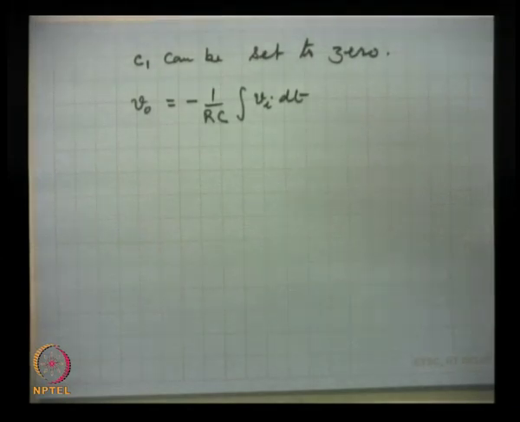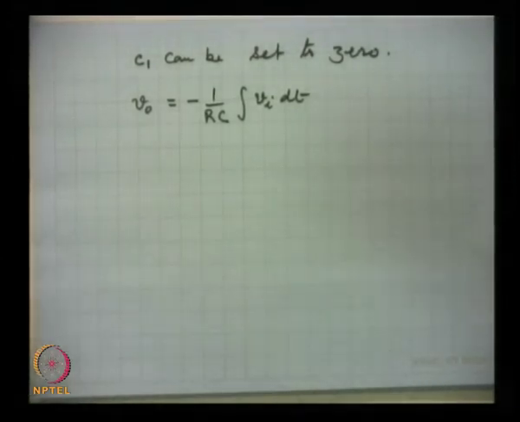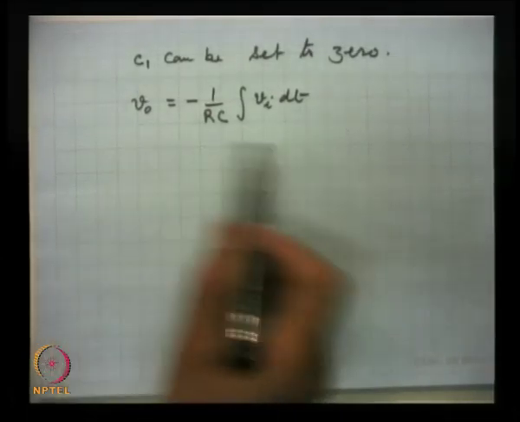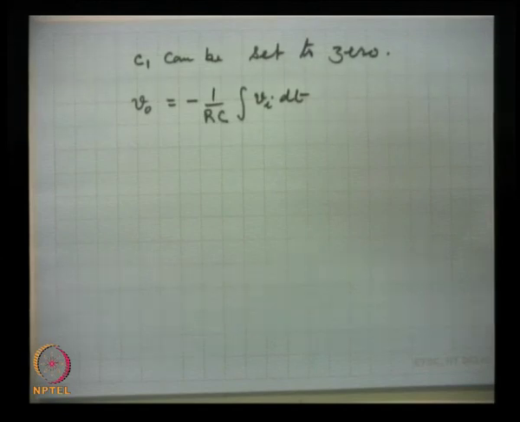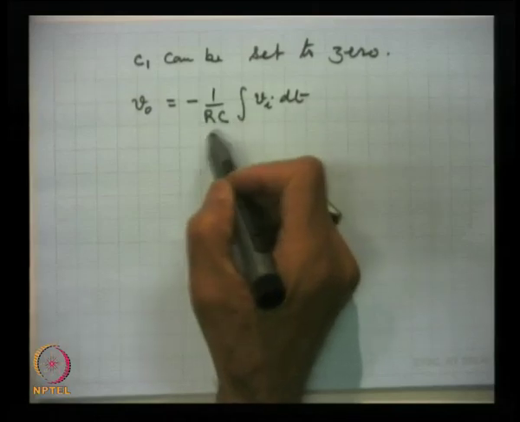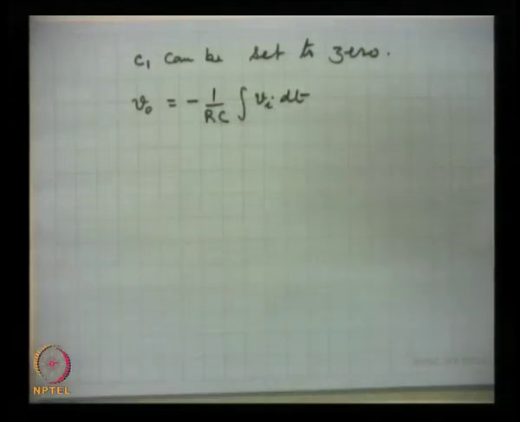This is the expression for the output voltage, and the amplifier therefore provides an output voltage which is proportional to the integral of input voltage. Output is proportional, this is a constant RC, the time constant of the circuit.